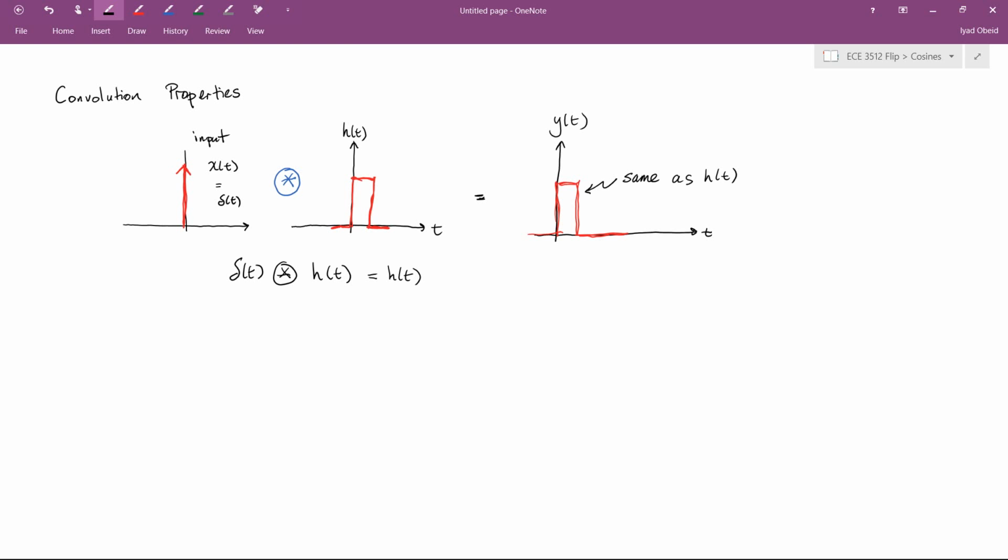Okay, so let me just draw this a little bit more cleanly. This is the symbol for convolution. We usually draw a little asterisk in a circle. So, as far as convolution is concerned, the delta function is the identity.